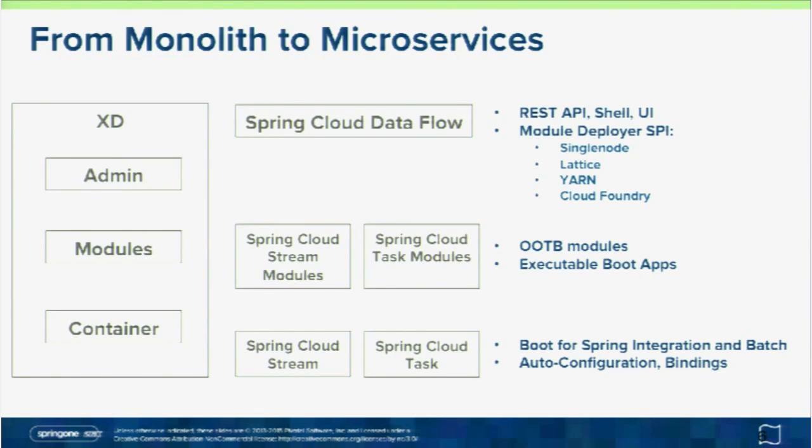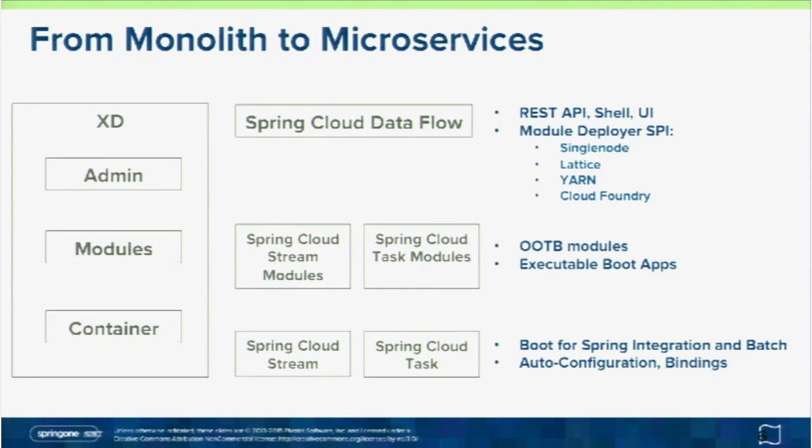So right now we have a Maven repository where we have the beginning of those migrations in the Spring Cloud Stream modules repository. And then Spring Cloud Dataflow is just an orchestration layer. The interesting thing here is that the REST API, the shell, and the DSL that you use through the shell are all backwards compatible to a pretty large degree at the Spring Cloud Dataflow layer.